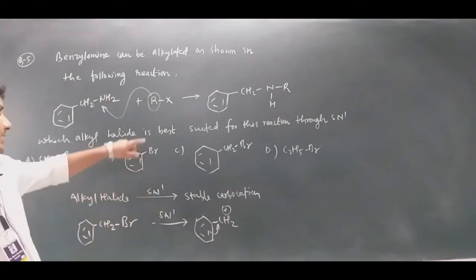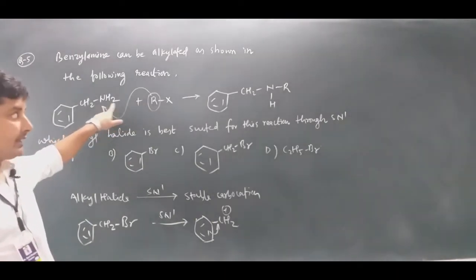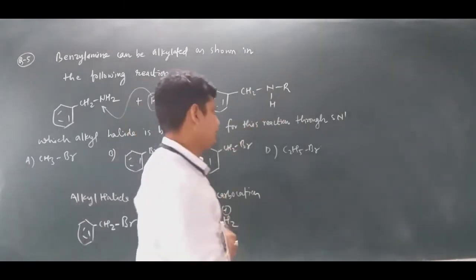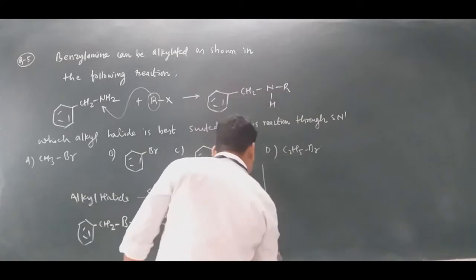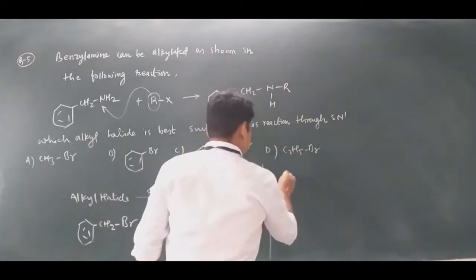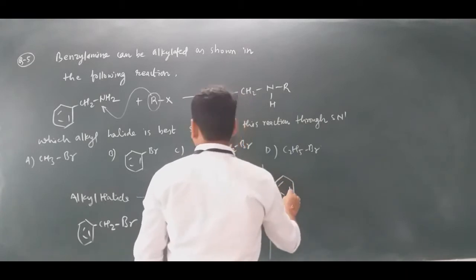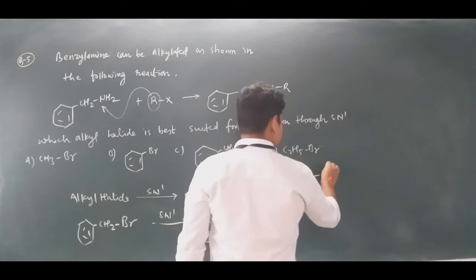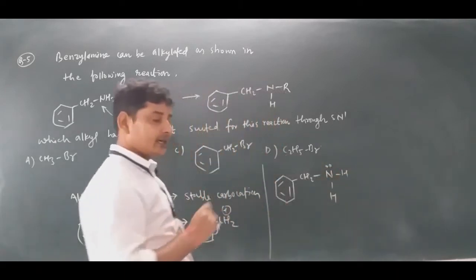Now the question is how the process of alkylation of benzylamine takes place so that this R is attached to N. See here, this is benzylamine, I am writing here. This is the lone pair. Now see what is happening here.